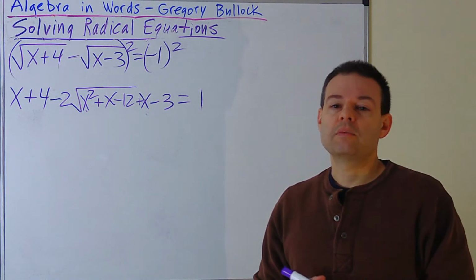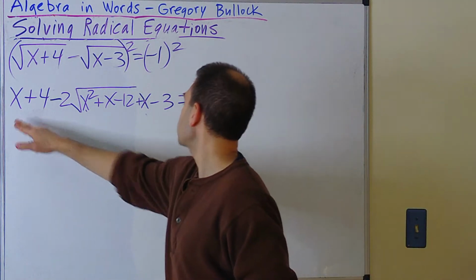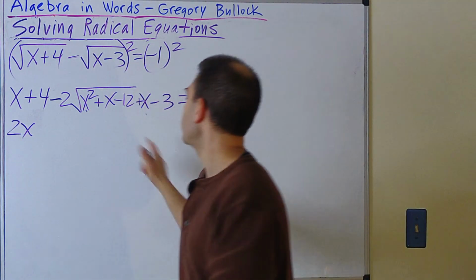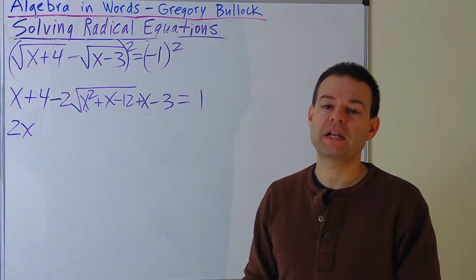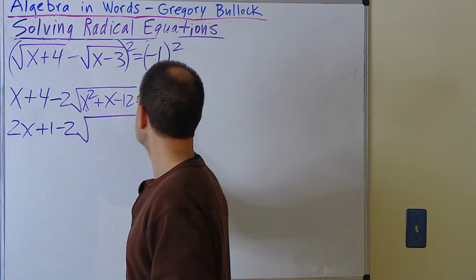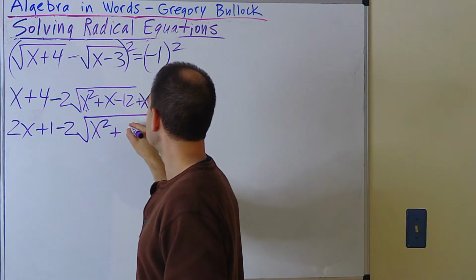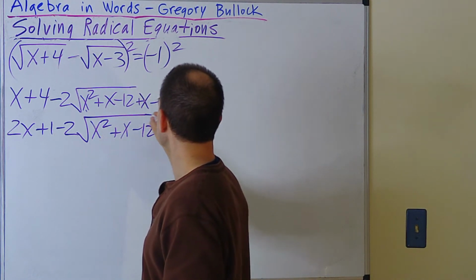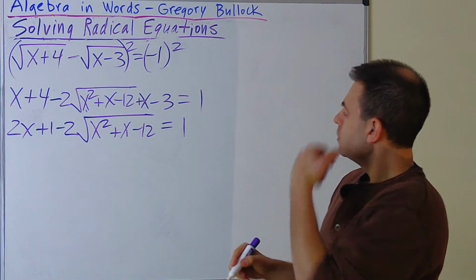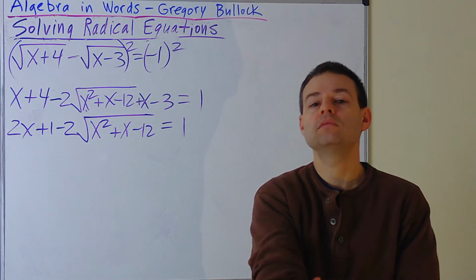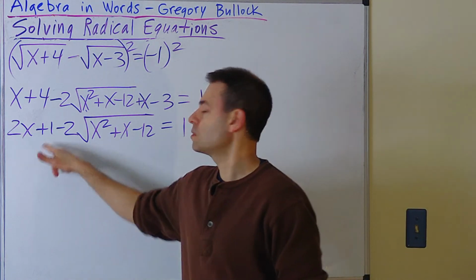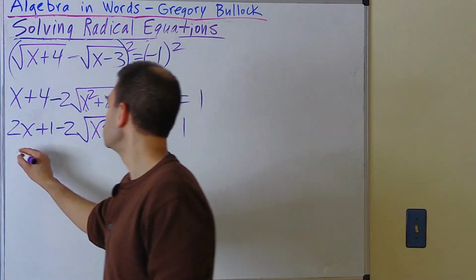Now on the left, let's combine like terms. We have an x here and an x here. That makes 2x. And we have 4 and negative 3, which combines to make 1. And now let's isolate our new radical by subtracting 2x and 1 from both sides.